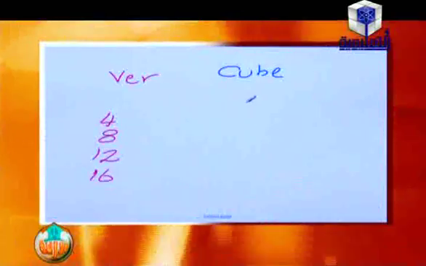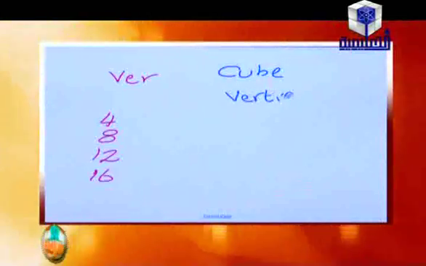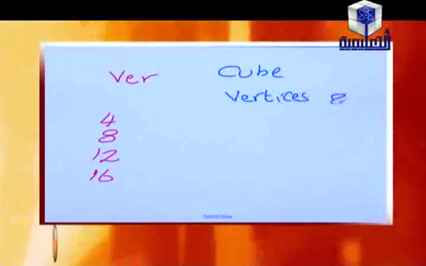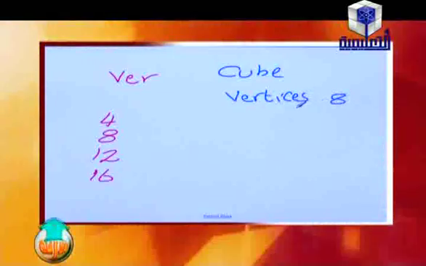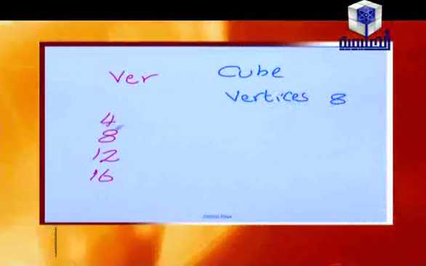Let's remember, Mr. Ahmad, what about the rest of the properties of a cube? Good. 8 vertices. What about the number of edges? What about the number of faces? The cube is a solid with important properties. The first one, the vertices. The number of vertices of the cube equals 8.